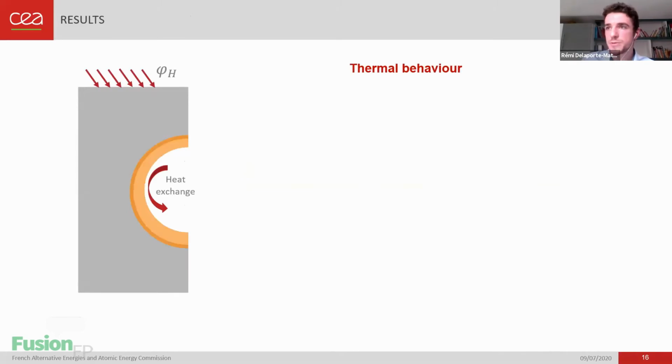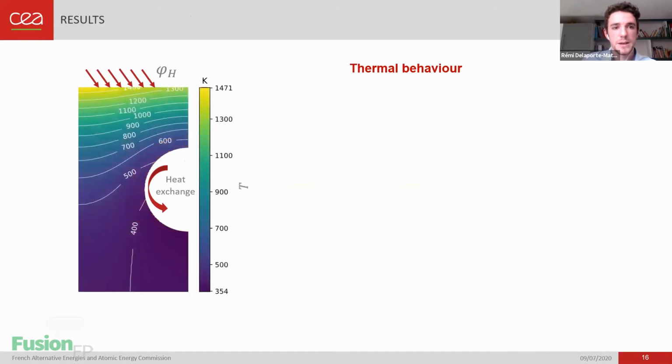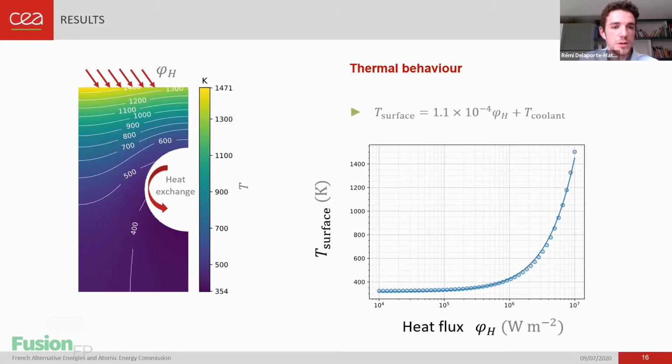So first simulation we run is the thermal behavior one. We're going to run plenty of thermal simulations, and this is the kind of thermal field we can obtain. Obviously, the closer you get to the top surface, the hotter you get, and you're cooler down close to the cooling pipe.